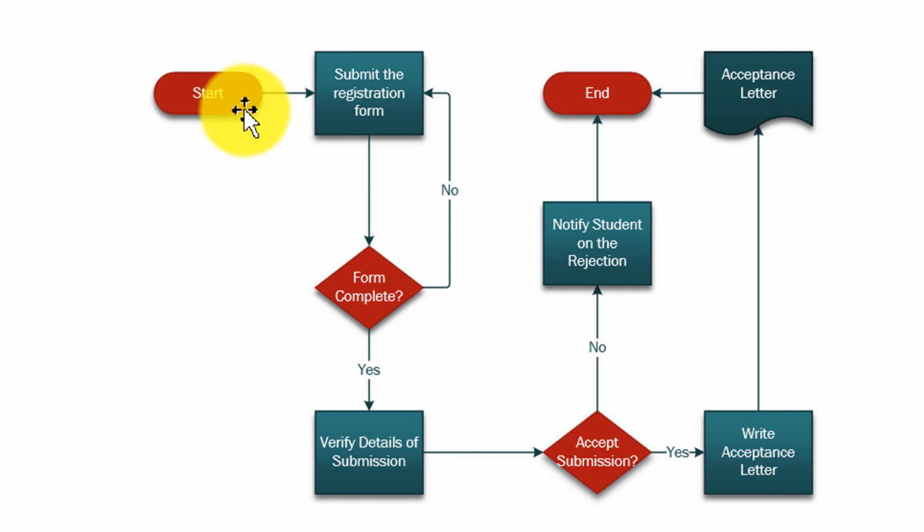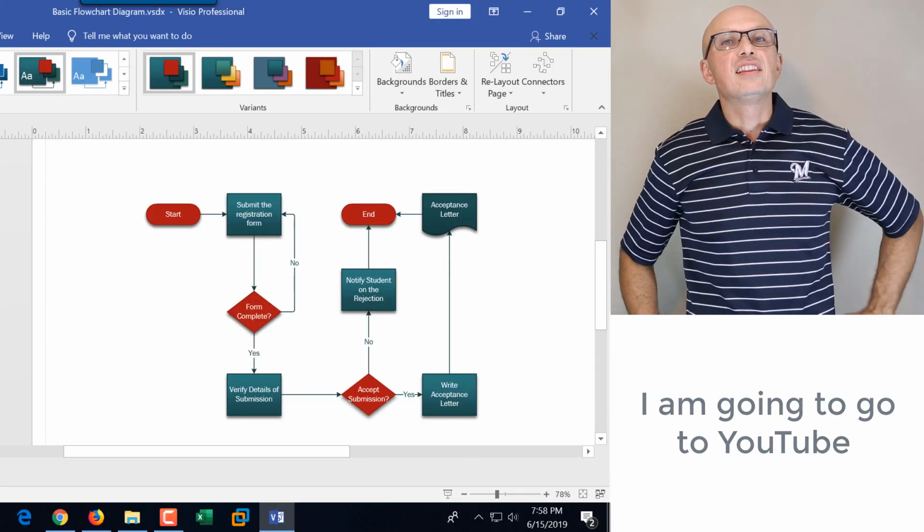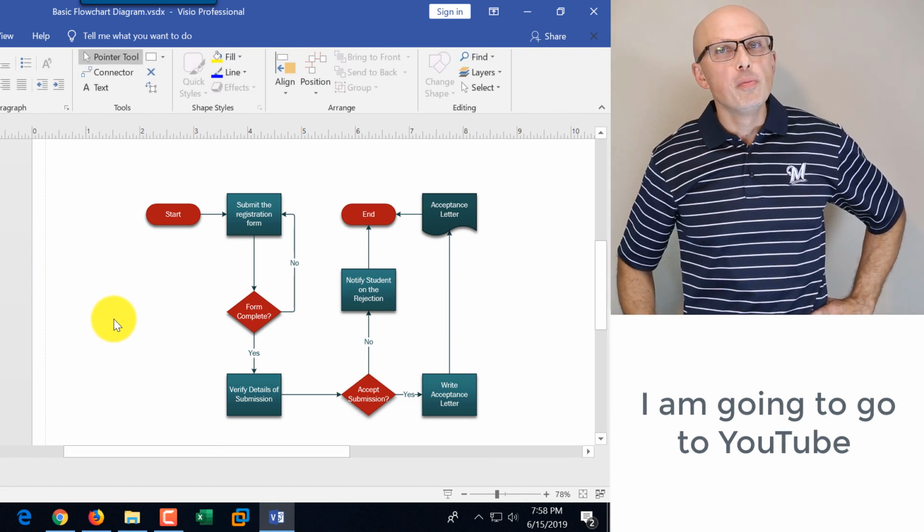And then the third way was through copy and paste. Once we created a basic flowchart diagram, and this was student registration process, we selected the diagram and changed the themes and variants, going in the Design tab and going into Variants. And after we've completed the work, we saved the file as PDF file.